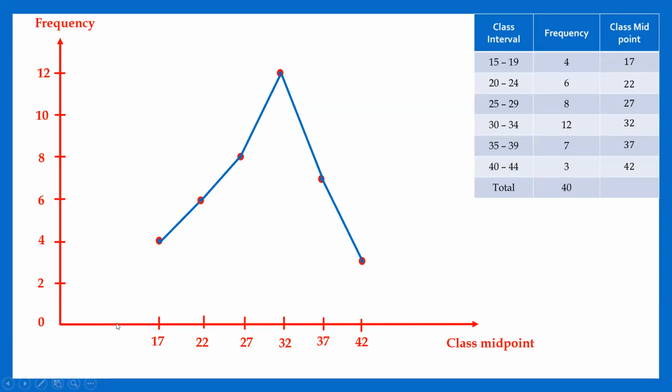The class midpoints should be 7 and 47, that is 42 plus 5. Then mark the 0 frequencies. Then connect these points. This is the complete frequency polygon.